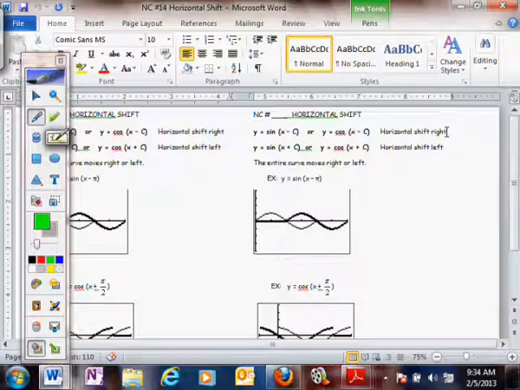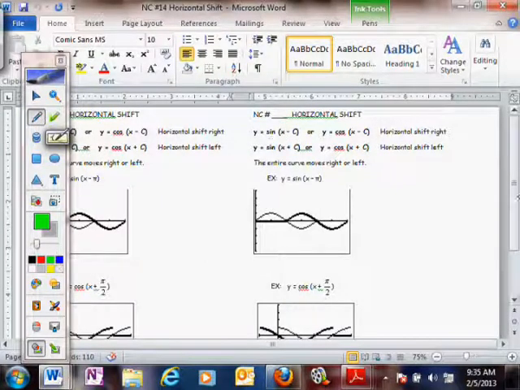It's going to go right. If it's a plus, again, it's opposite, and it will go left. Okay? So the horizontal shifts for these trig functions act the same way as the horizontal shift for any other function, such as the quadratics we've talked about this year. It's going to be inside the parentheses, something added or subtracted to the independent variable, and it acts in the opposite way.